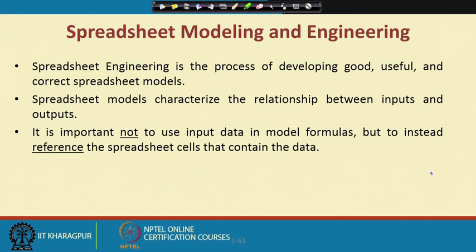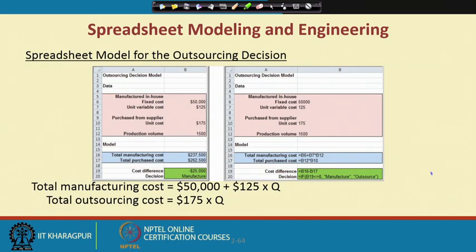So the whole idea is that you must have proper information in a structured format. Then with the help of Excel functions, you can calculate and get insights, and on the basis of these insights you can take management decisions.